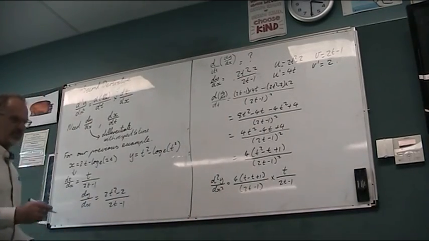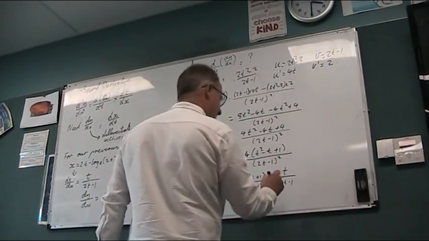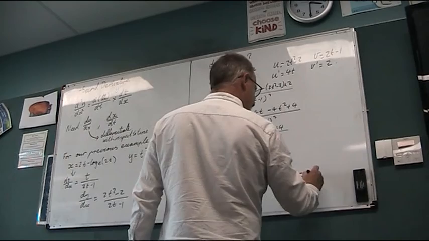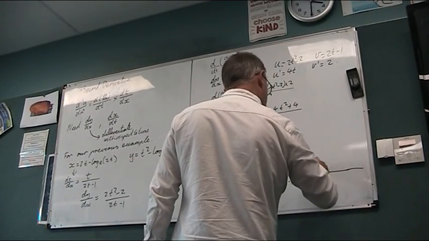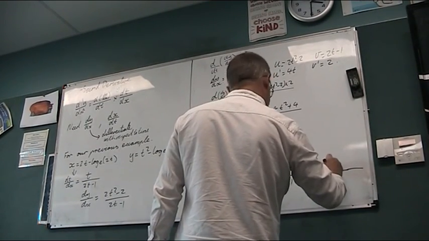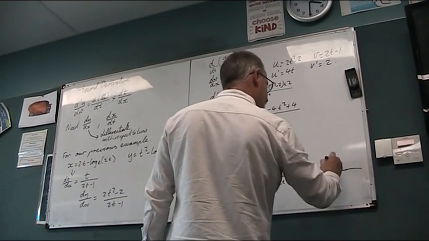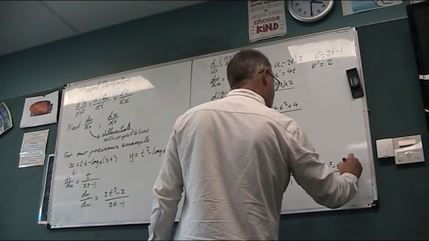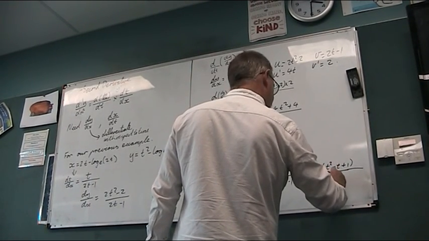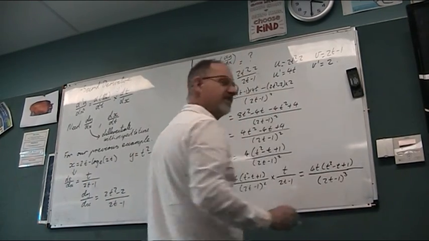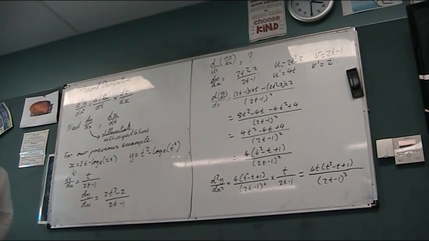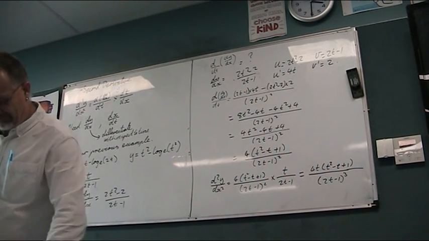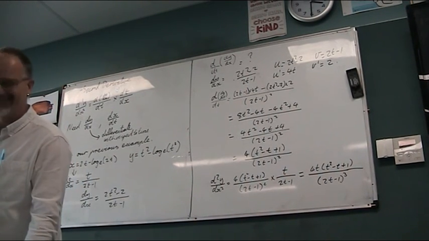There's no cancelling going on there, so we've got 4 out in front of t squared minus t plus 1 all over 2t minus 1 cubed. And just leave it like that. How nice is that? Very nice and fancy, isn't it?